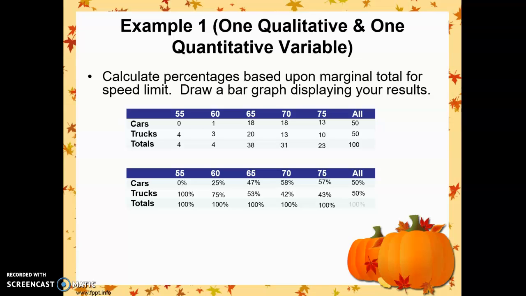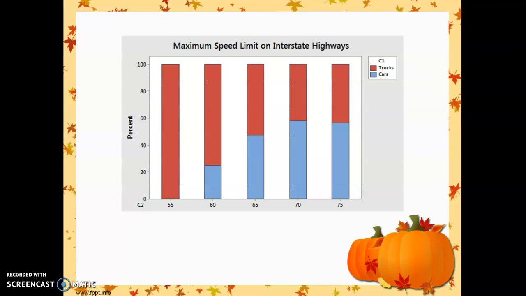So let me kind of explain this as I display my segmented bar graph. So look at the 55. My trucks I colored in red, my cars I colored in blue, and we're going to be learning about how to do this in Minitab here on Friday. But for 55, there were no cars that had that max speed limit, so the entire bar for the 55 goes up to 100% and is red for trucks. But now move to 60. 25% of the vehicles that had that maximum speed of 60 were cars.